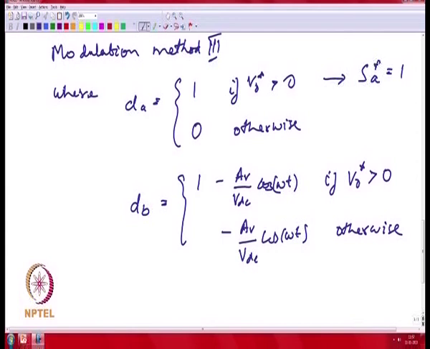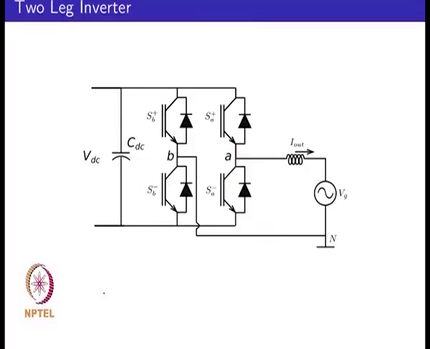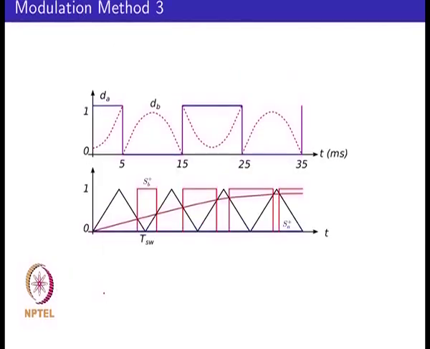If you look at the shape of the waveforms in the modulation method 3, you can see that now dA is switching at the fundamental frequency, and dB is now having a value which lies in between 0 and plus 1, which means that dB will be switching at higher frequencies. So, SB plus is the one which is switching, and SA plus is now staying at 0.